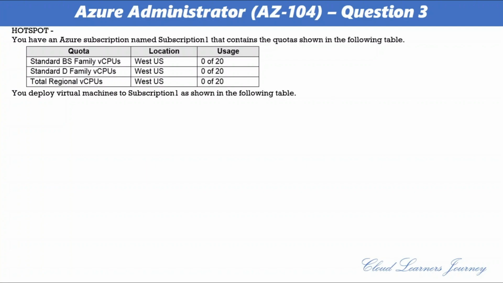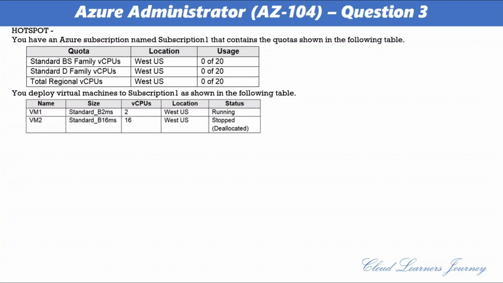You deploy virtual machines to Subscription 1 as shown in the following table. Columns are name, size, vCPUs, location, status. VM1 is size Standard_B2ms with 2 vCPUs in West US location, status is running. VM2 is size Standard_B16ms with 16 vCPUs in West US location, status is stopped (deallocated).